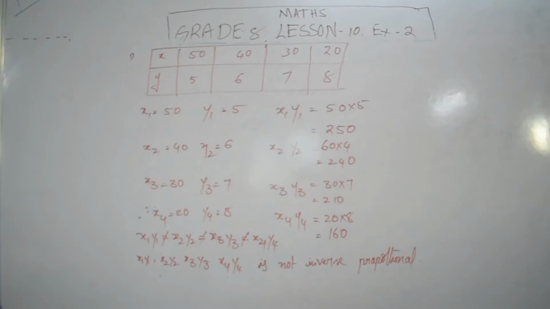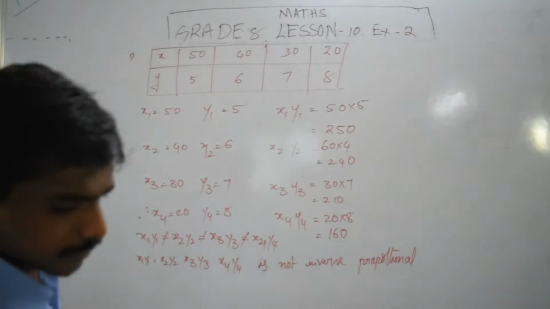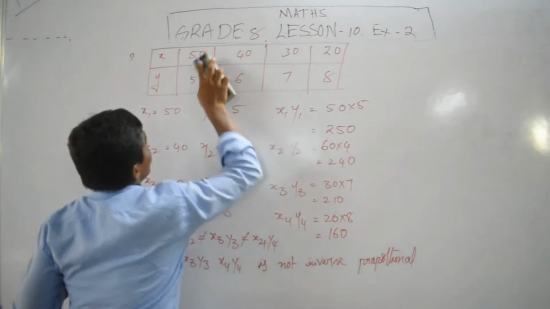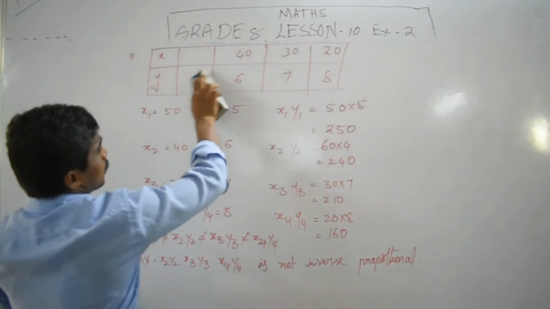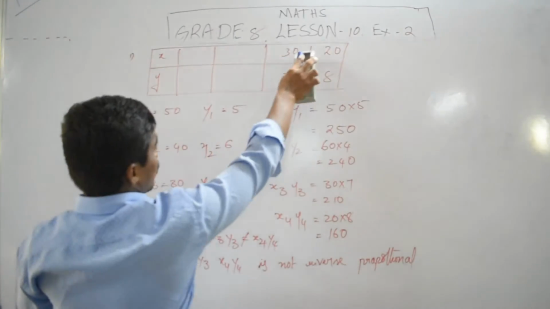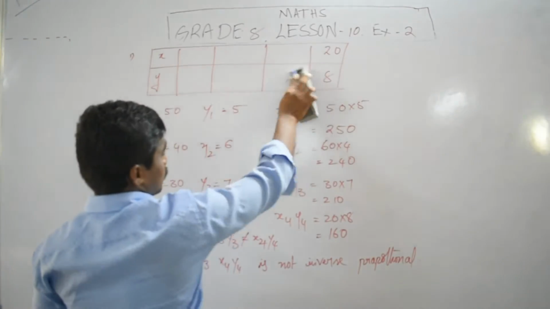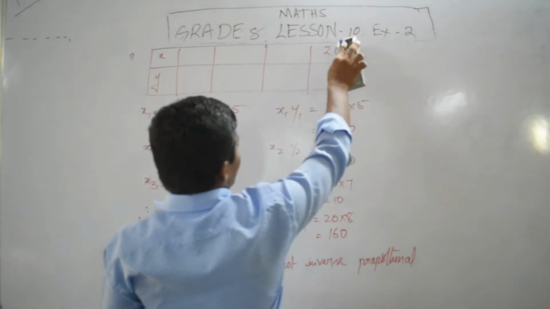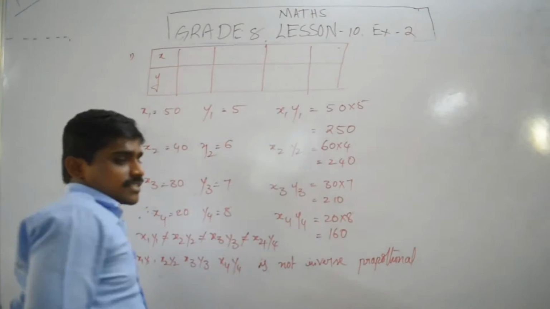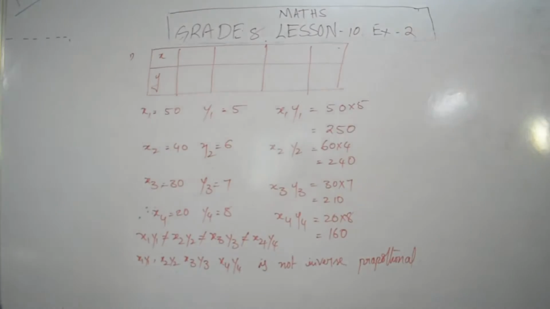Next problem, here see, it is like this only, x quantity and y quantity given. So these two quantities we multiply, and if all are equal, that is inverse proportional.